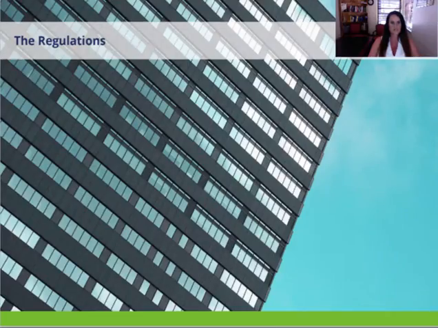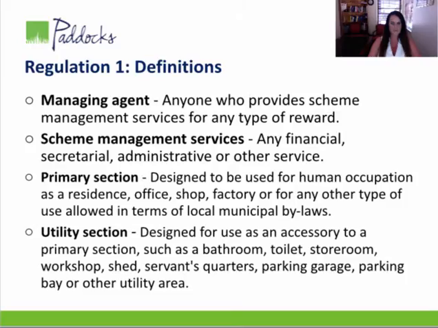Let's now take a look at the regulations made under the Sectional Title Schemes Management Act. Regulation 1 contains some of the new definitions. Managing agent is anyone who provides scheme management services for any type of reward. Scheme management services are financial, secretarial, administrative, or any other service.